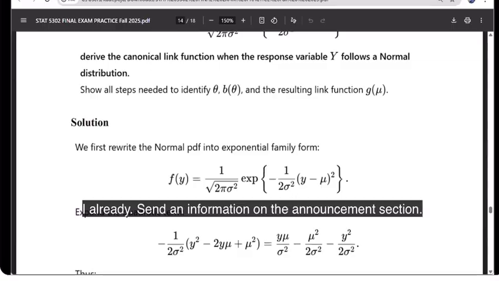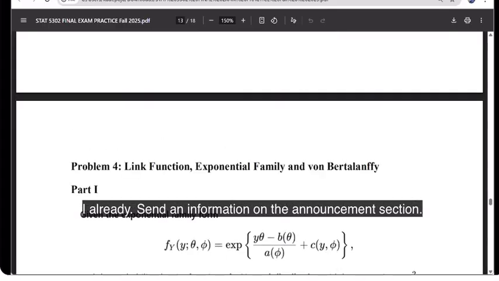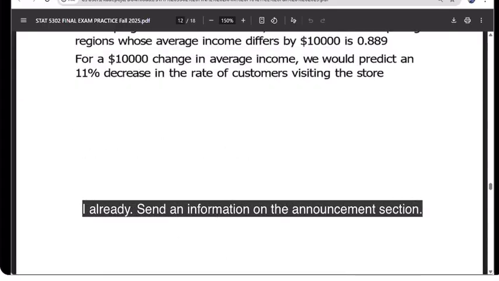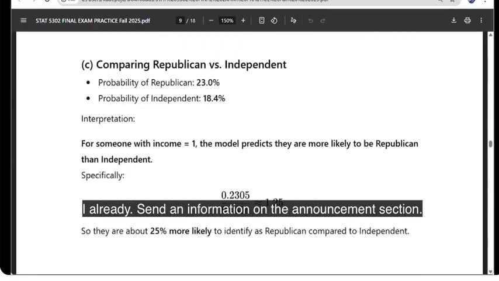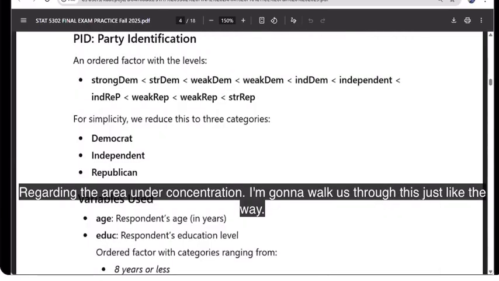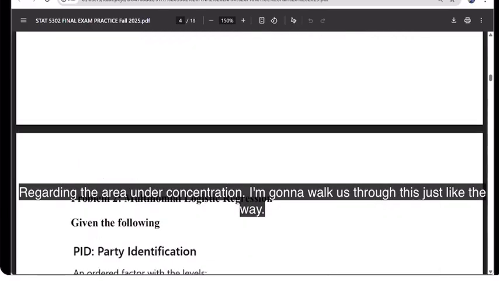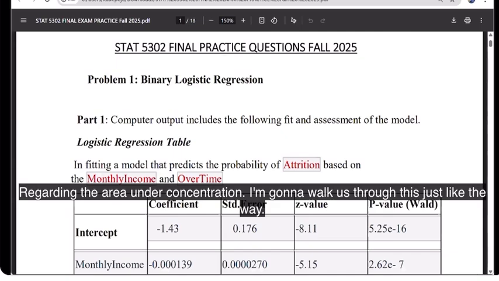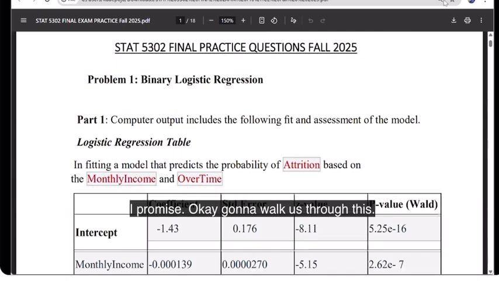I already sent information on the announcement section regarding the area of concentration. I'm going to walk us through this just like I promised.